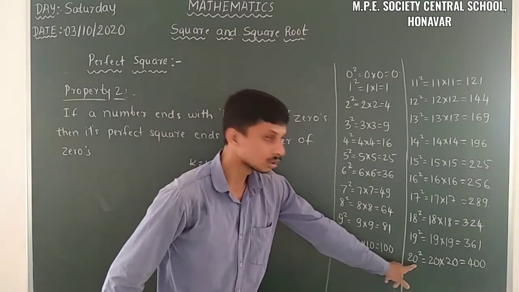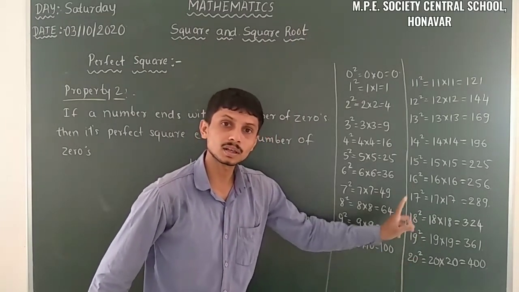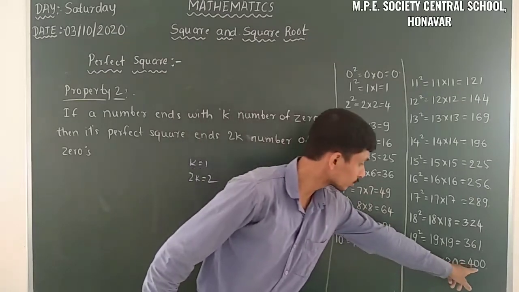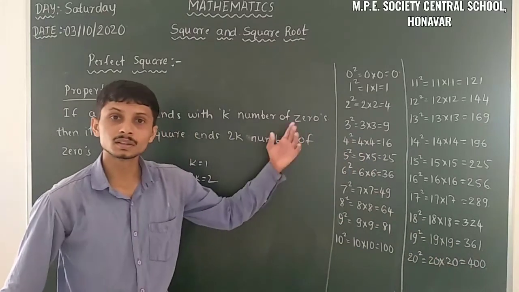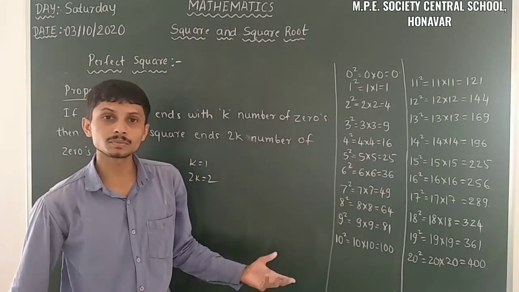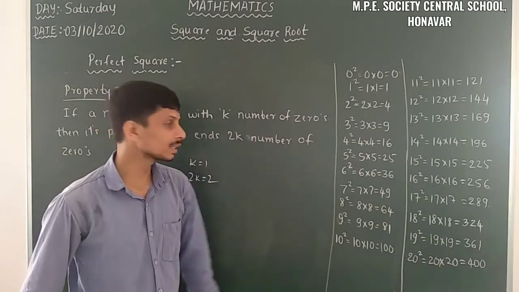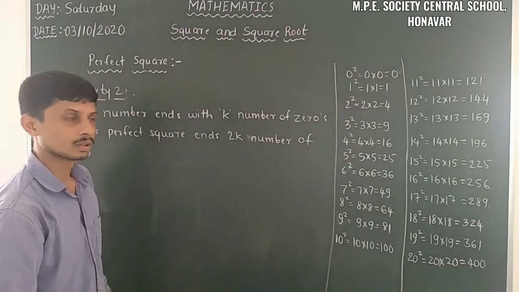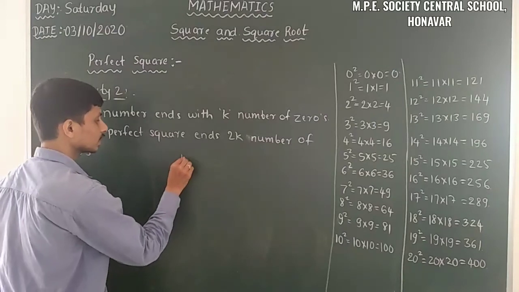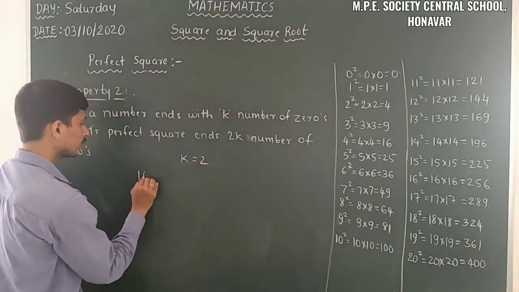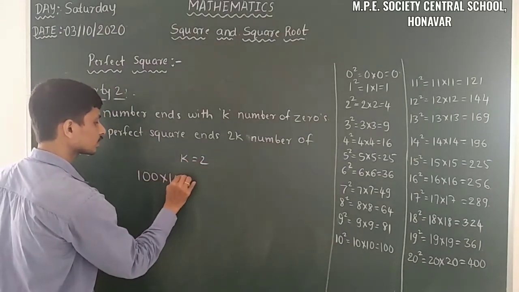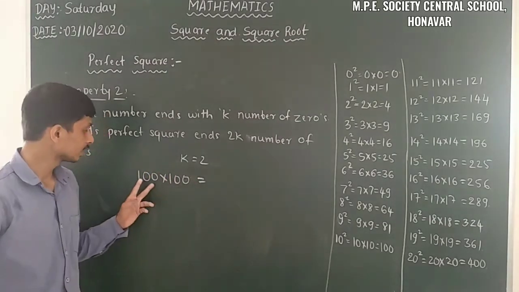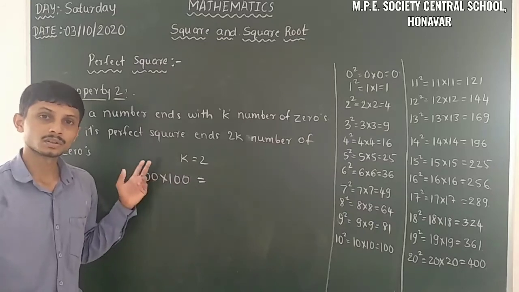Here also the number ends with 1 zero. After getting the perfect square, it ends with 2k zeros, that is 2 zeros. For example, when we take k is equal to 2, I will take 100 times 100. We multiply the number by itself, and both numbers end with 2 zeros.